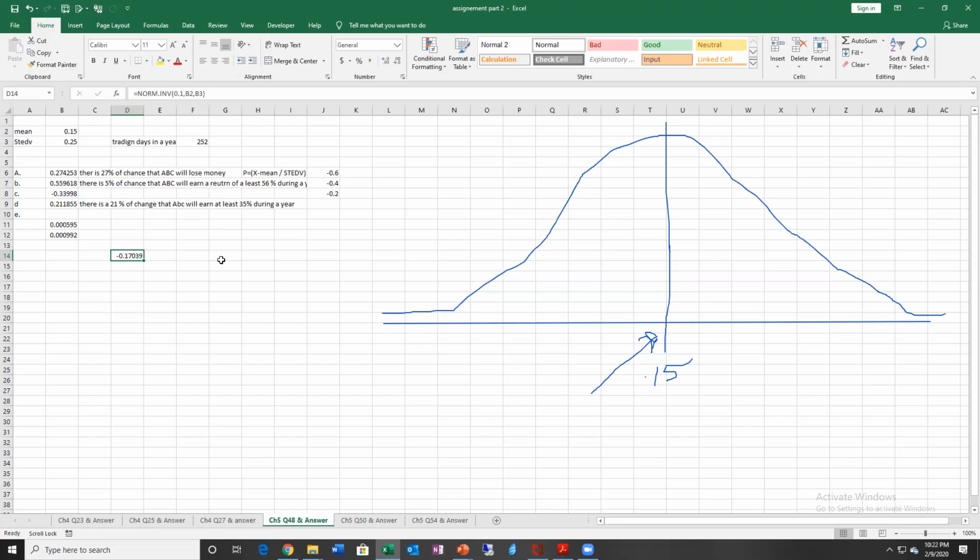If you can paste it on here, that would be great, like on this Excel sheet. I don't know how to do that. Okay, it's fine. Sorry. No, it's okay.